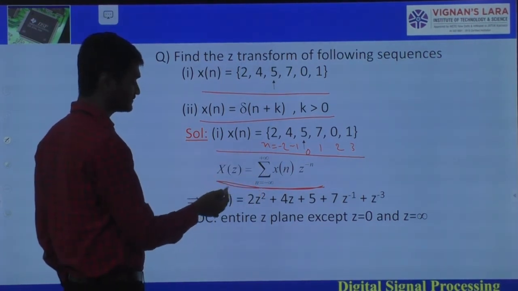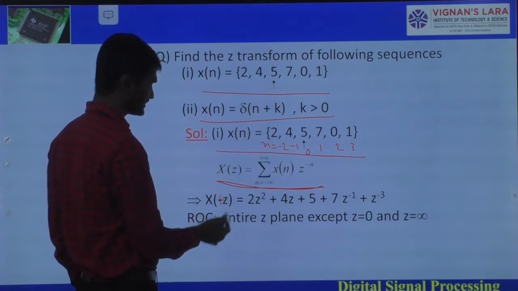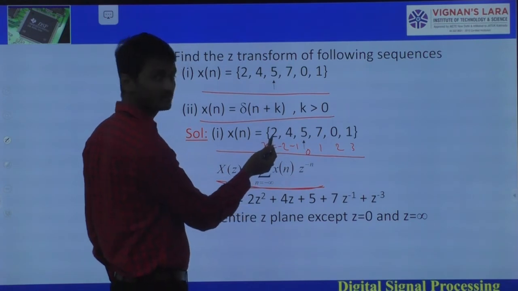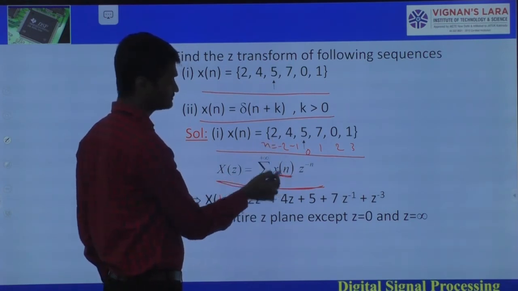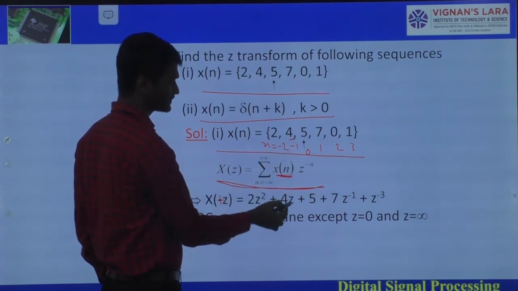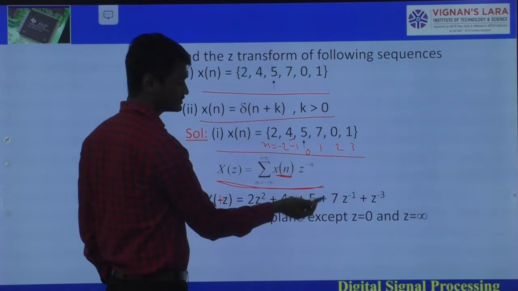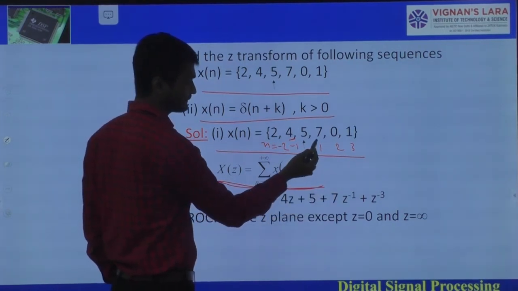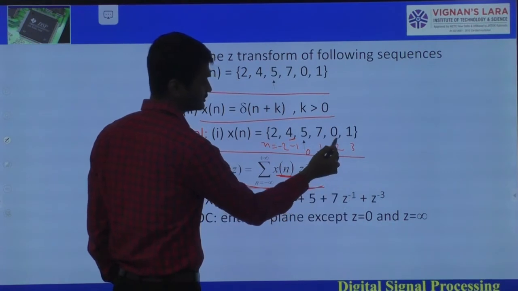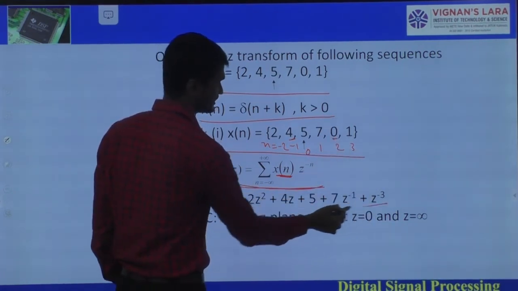That is x of z is equal to 2 into z power 2, plus 4 into z power 1, plus 5 into z power 0, that is 1, plus 7 into z power minus 1, plus 0 into z power minus 2, then plus 1 into z power minus 3.